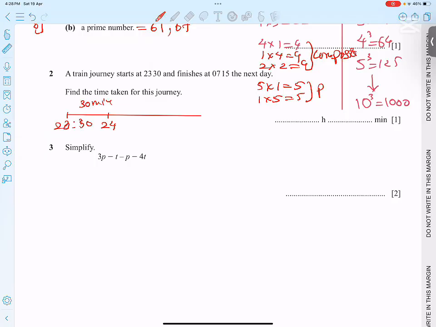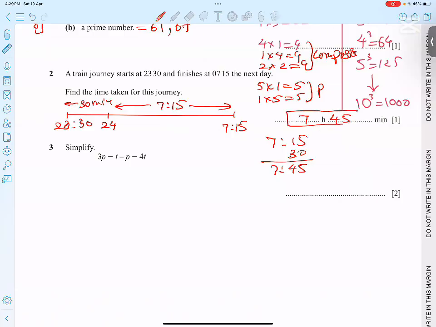From here to here is very clear, and obviously this gap is 7 hours 50 minutes, and this part is 30 minutes. If I add 30 minutes to this, I will get my answer. So 7 hours 50 minutes plus 30 gives 7 hours and 45 minutes. Alhamdulillah, I got my answer for part question number 2.